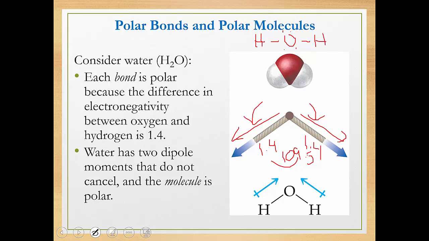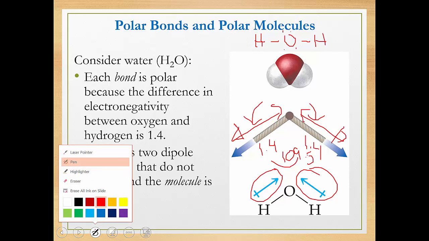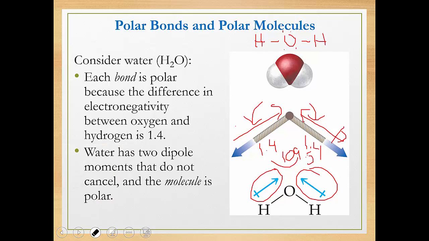What happens? There's a net movement now. I'm sorry, I've got them going the wrong way. So the electrons are pulling toward the oxygen. It's the more electronegative. Let's get the eraser out and erase the ones we don't want. So, okay, just so we don't confuse anything there.